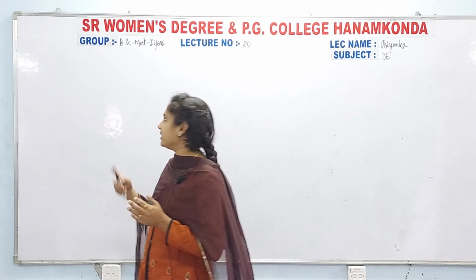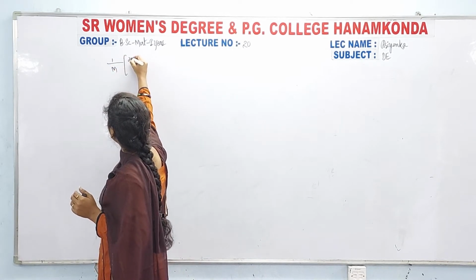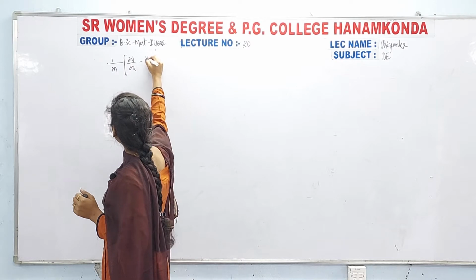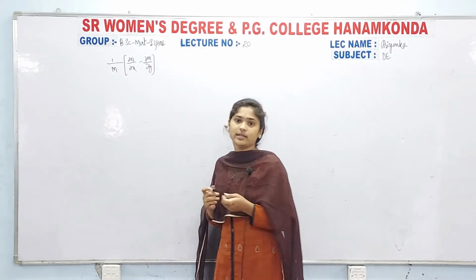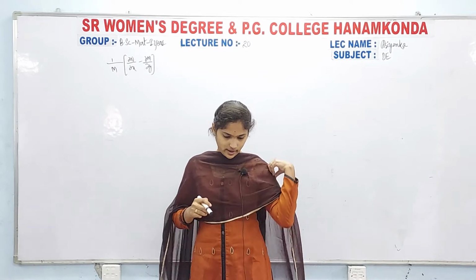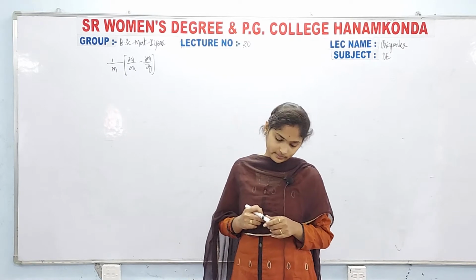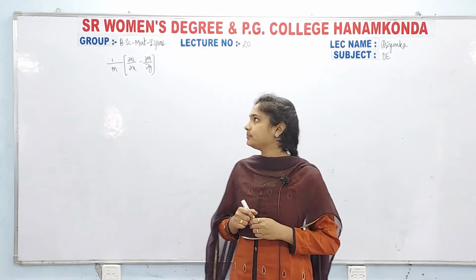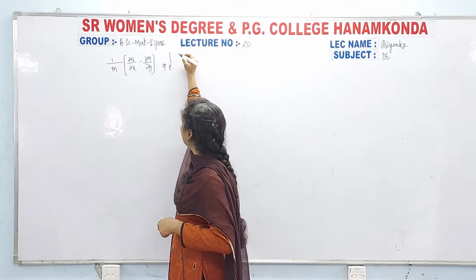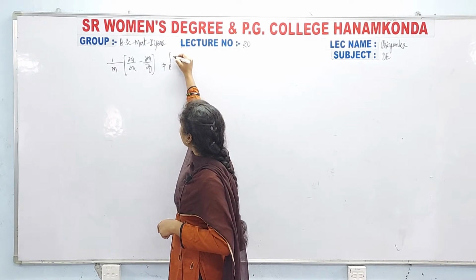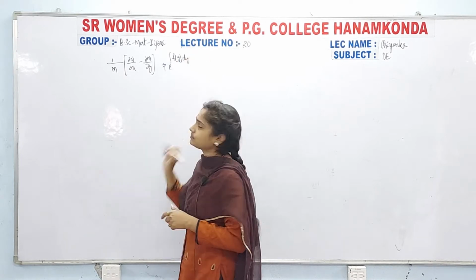If 1 by M of dou N by dou x minus dou M by dou y is a function of y, then the integrating factor is e power integral of some f of y dy.